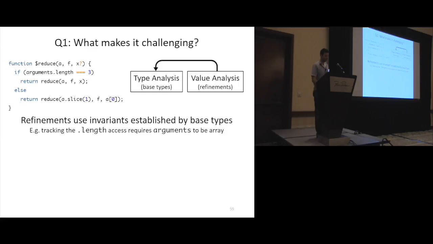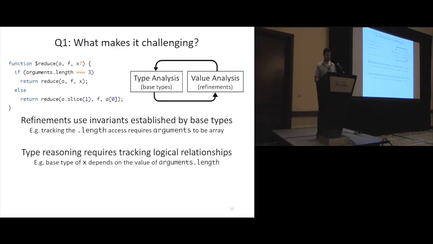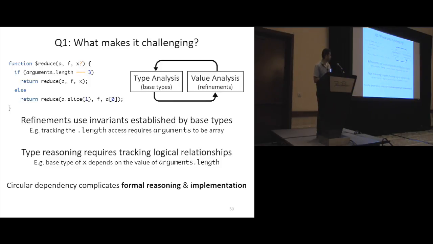For example, if we want to track the length of the array A, this requires us to know that the argument is something that has an array-like form. And on the other hand, type reasoning itself requires tracking some logical relationships. For example, in this case, just determining what the type of x is going to be depends on what the value of the arguments.length expression is. So we see that there is now a circular dependency between the 2 kinds of analyses that complicates formal reasoning and potential implementations.